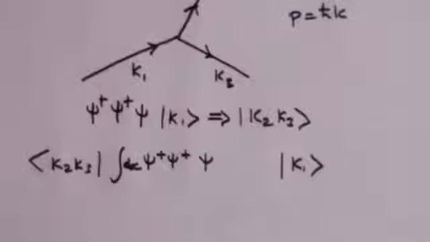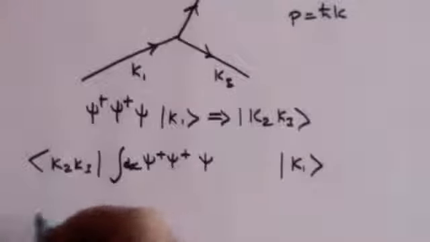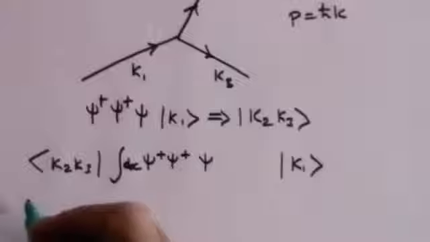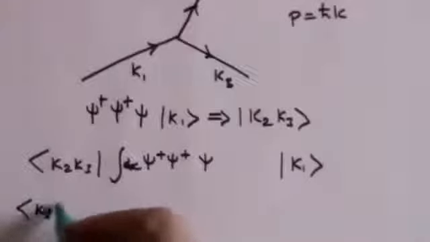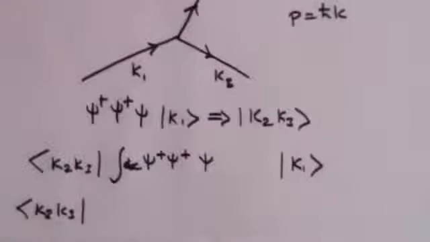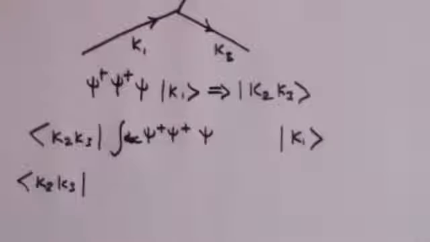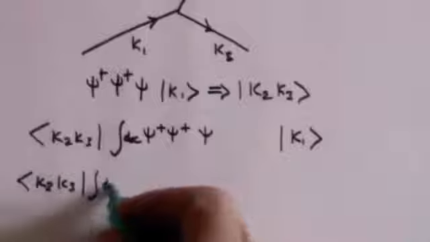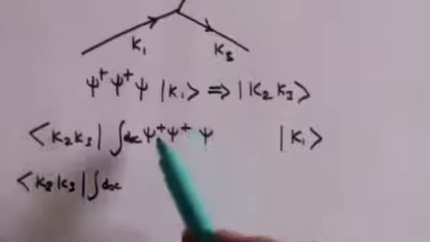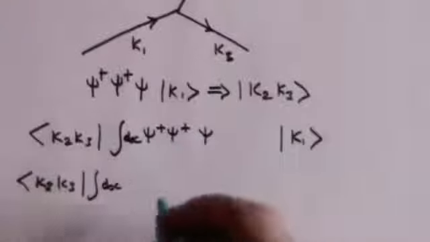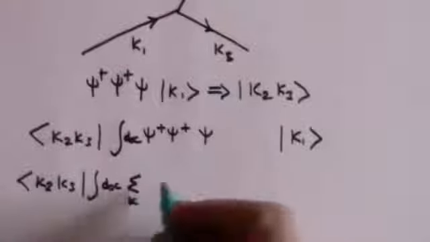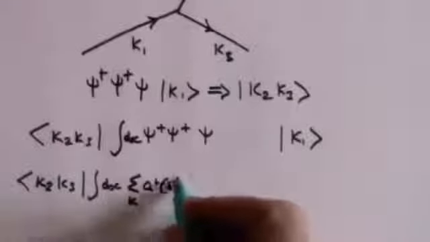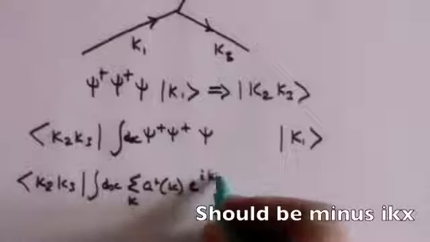So once again, we're going to have to write out the effect of all of this. And so what I'm going to do is to put, because I don't think it'll all fit across one line, so we'll probably have to stretch across two lines here. So I've got K2, K3, then I've got my integral term, dx. Then I want my first creation operator. Well, that's going to be sigma over k, a plus of k, e to the ikx.